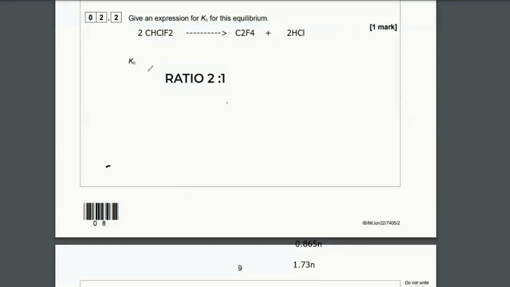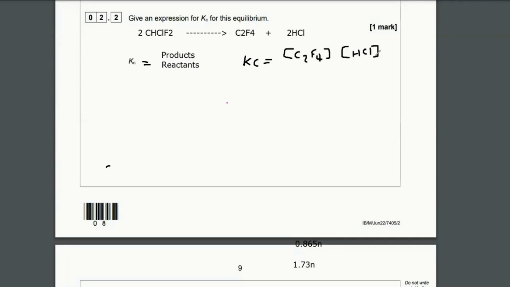Okay, let's move on to 2.2. So what do we have here? Well, I'm reusing the equation here, and it says give an expression for Kc for this equilibrium. Excuse the fact I don't have state symbols or a reversible symbol in my equation. So when you're writing out Kc, you just need to think products over reactants. So let's write down the products. Now we need to put them in square brackets, because that stands for concentration.